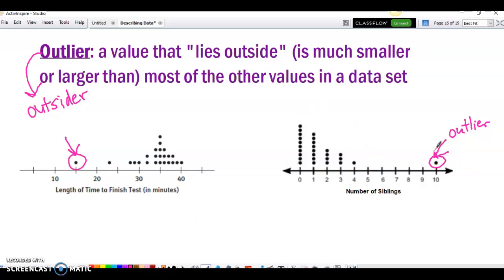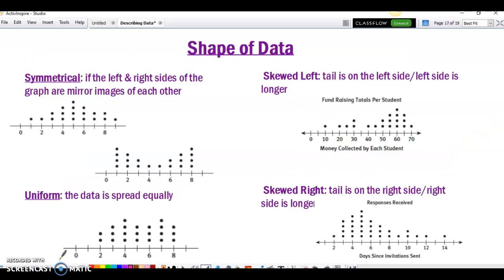That one person's high score is going to affect how the data looks for the whole class. Does that make sense? So your outlier is way off, and he's going to affect your data, especially your mean, your average.